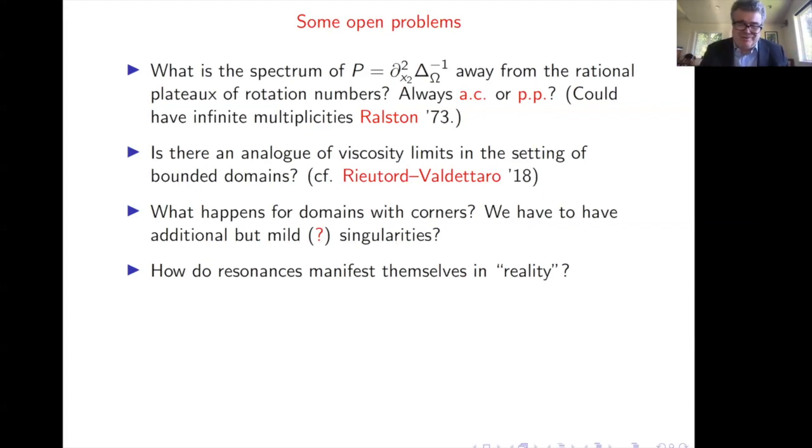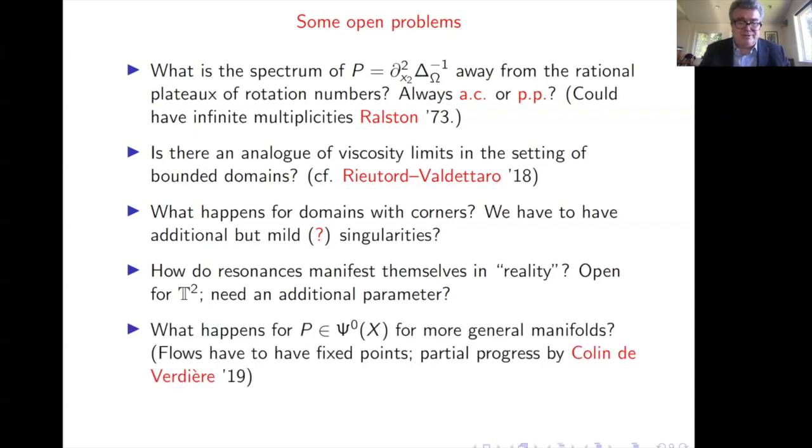So I don't know whether there is a way to see this. This is open even here. In the Euclidean case, for quantum resonances, we typically have a semi-classical parameter, which allows us to see the effect of quantum resonances, modulo, say, H infinity or something like that.